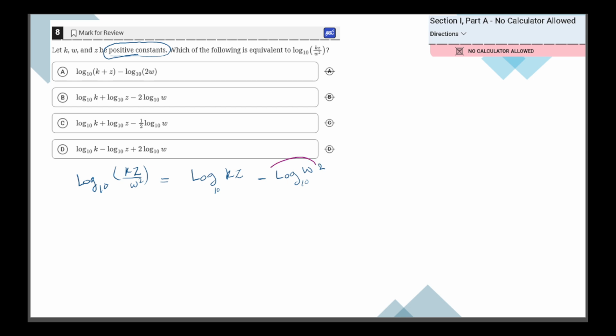We can take the exponent outside, and from the rule, this one equals log k to the base 10 plus log z to the base 10 minus 2 log w to the base 10, which represents the answer, letter C.